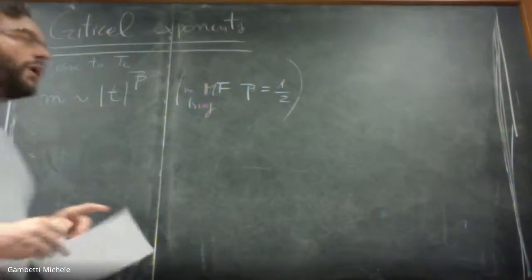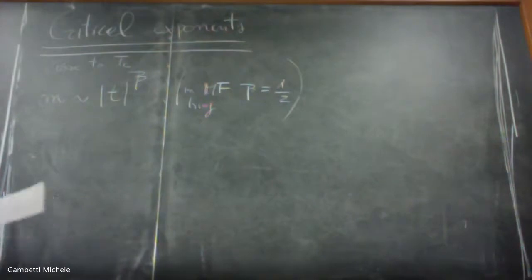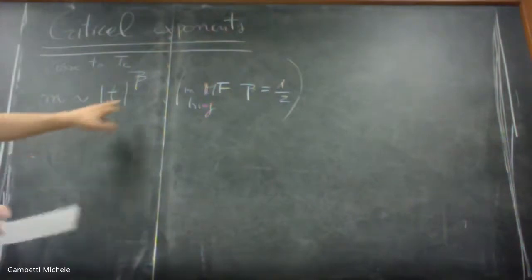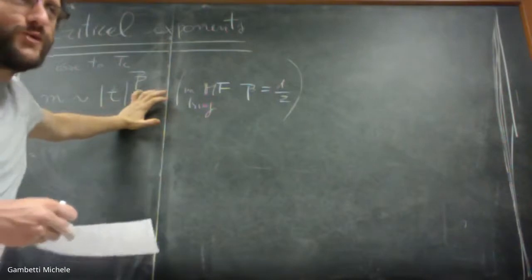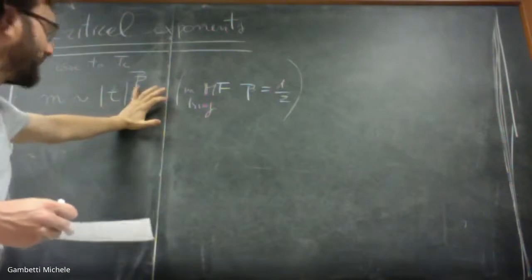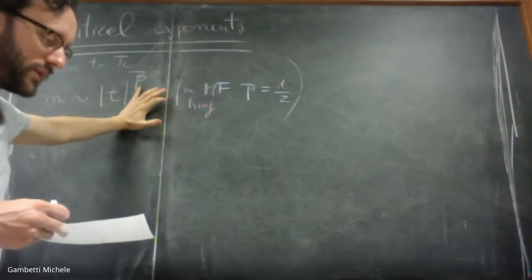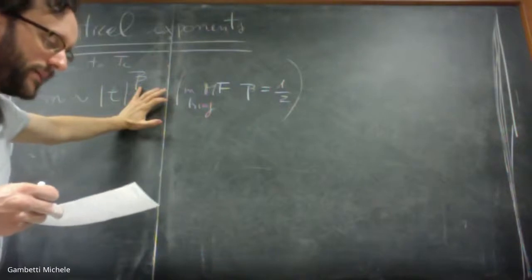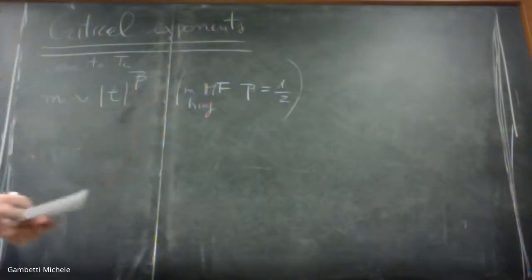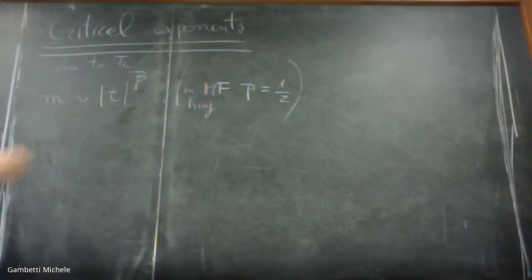The fact that this is called beta is a tradition, basically. There's no reason, honestly, that I can find to call it beta. It's a standard notation that I will not change because it's the standard notation in the book. So this one example of critical exponent is beta, which characterizes the order parameter.